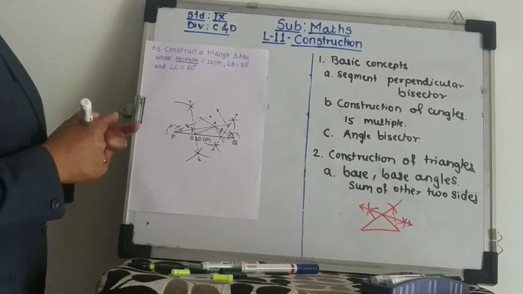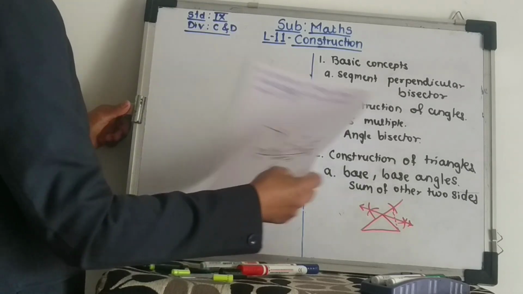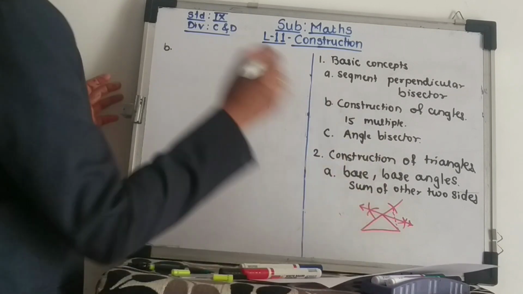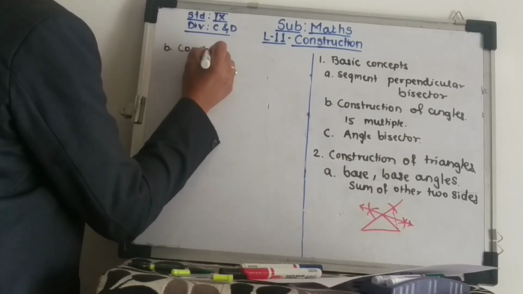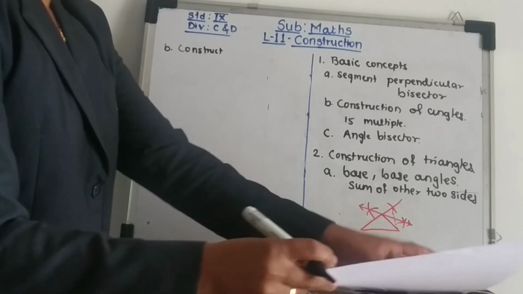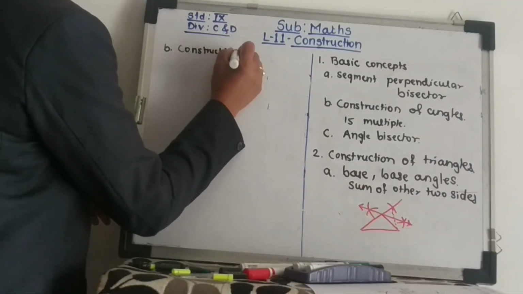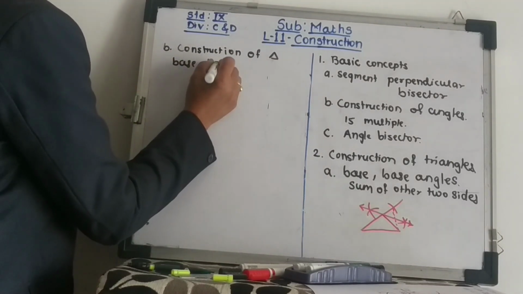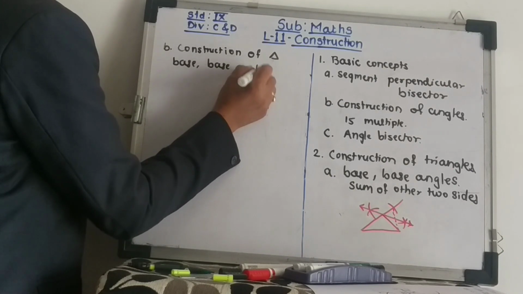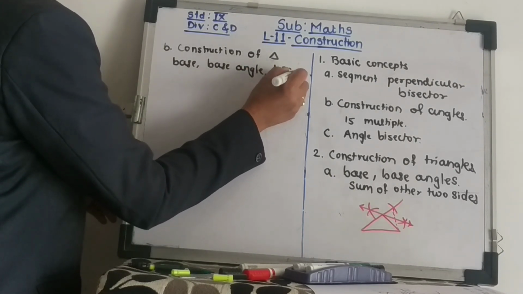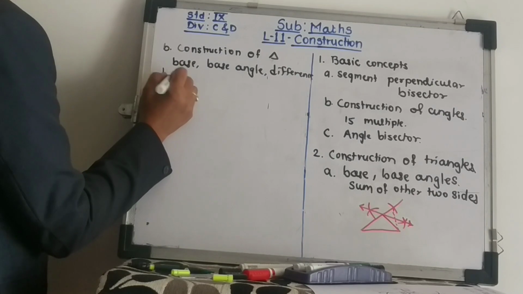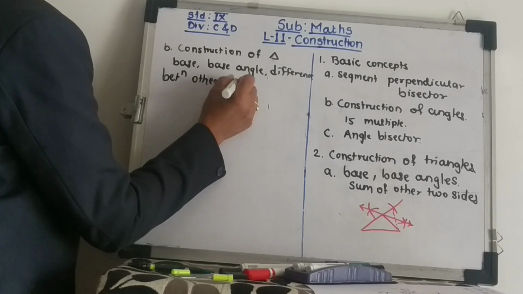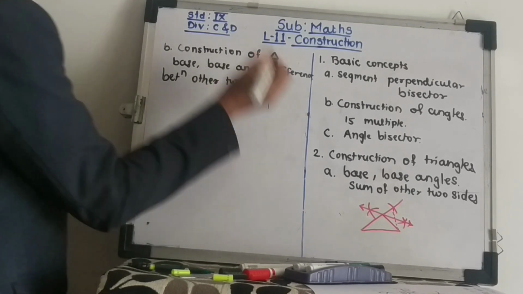Now the B part we have seen, that is, when the difference is given, right? So construction of triangle when base angle and the difference between the other 2 sides is given.